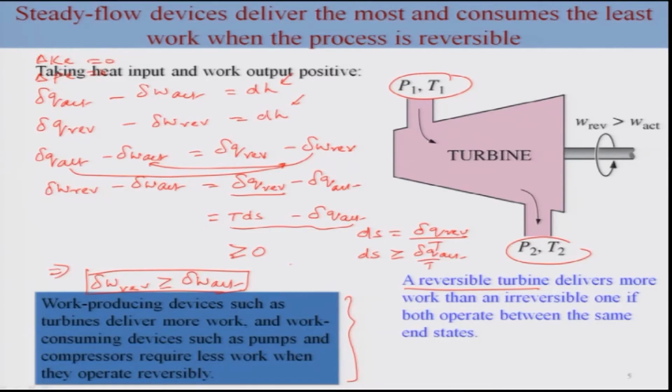Now here of course we have considered the case of a positive value of work, and essentially this is a work producing condition. That means this particular derivation was for a work producing device, and you can do the same exercise for a work consuming device as well.